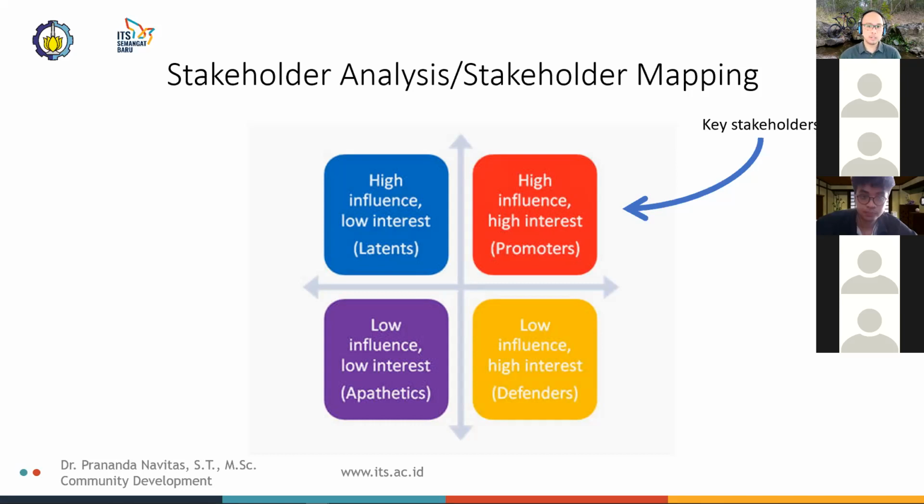Stakeholder analysis or stakeholder mapping is a way of determining who among stakeholders can have the most positive or the most negative influence on an effort, who's likely to be most affected by the effort, and how you should work with stakeholders of different levels of interest and influence.